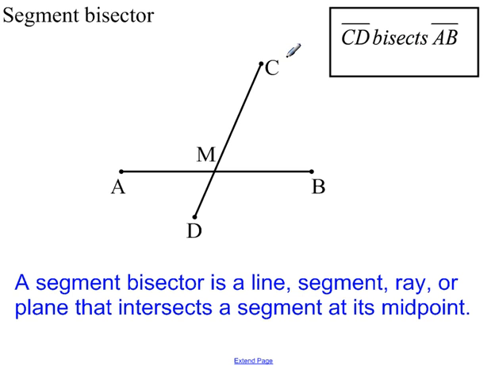So what that means is that CD is intersecting AB at its midpoint. So that means M is a midpoint. And we already know that if M is the midpoint of AB, it's dividing segment AB into two congruent segments. So AM is congruent to MB.